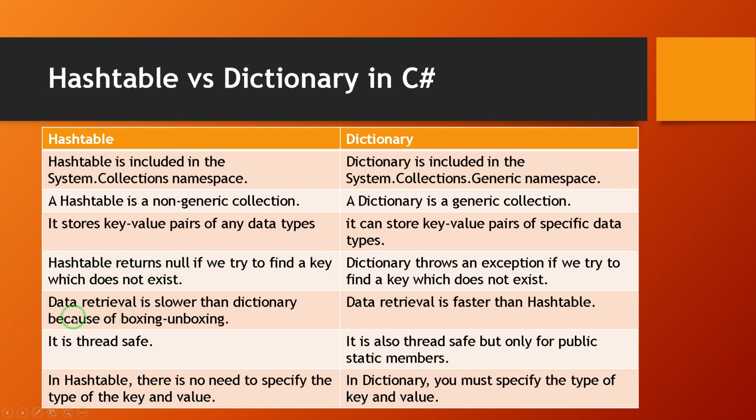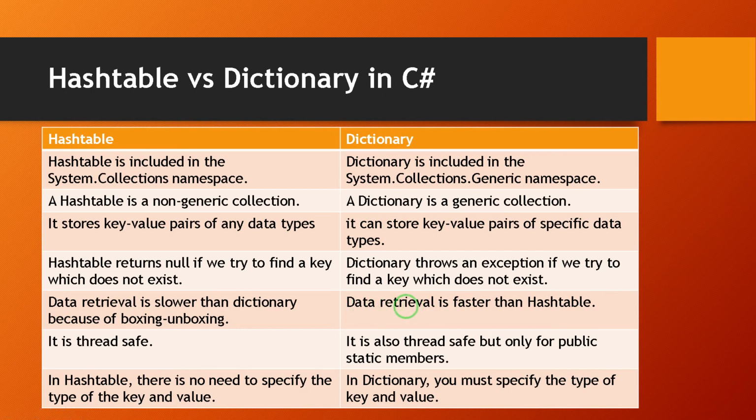Next difference, data retrieval is slower than dictionary because of boxing and unboxing. If you are new to the boxing and unboxing concept, you can watch the video in the playlist, what is boxing and what is unboxing. In dictionary, data retrieval is faster than hash table because there is no boxing and unboxing concept, because here we define the data type.